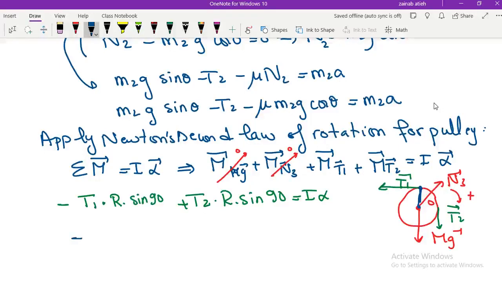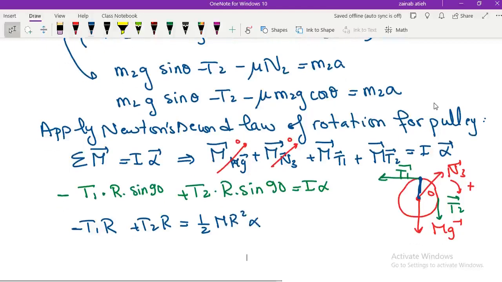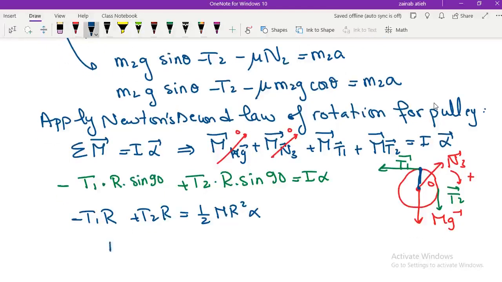You will get minus T1 r sin 90, which is 1, plus T2 r equals I, which we said is half mr squared, because we have a disc rotating around its center. So it's half mr squared times alpha. I divide by r and get T2 minus T1 equals half m r times alpha.